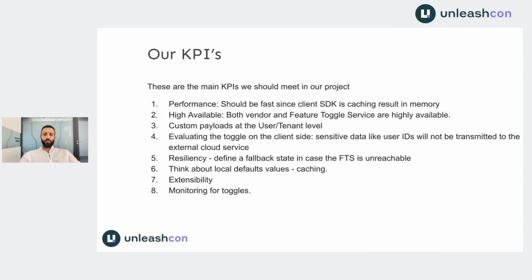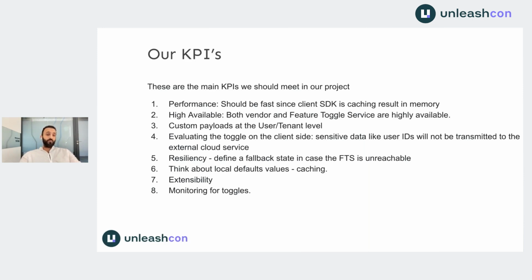We are driven by performance indicators and implementations, and we need to focus on performance at the top of our KPIs. So we need mechanisms like caching in memory. This is the main KPI, and we always need to be highly available and scalable at the same time.